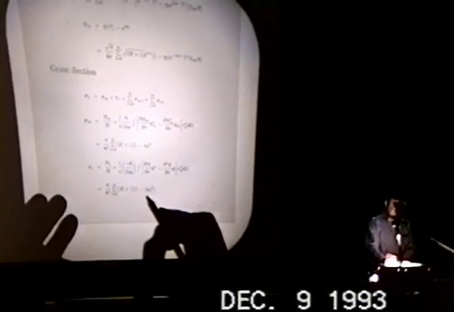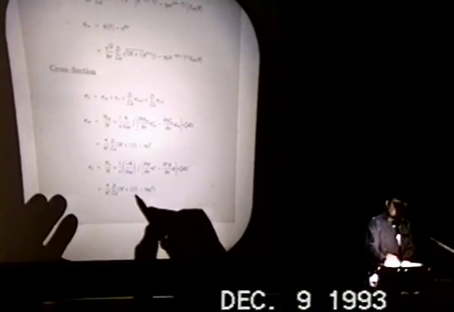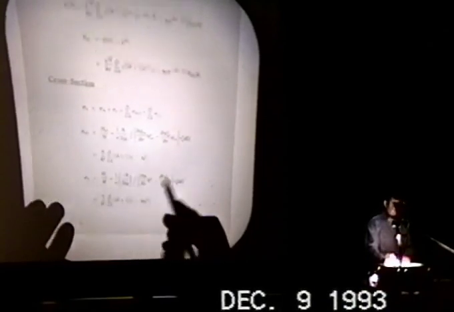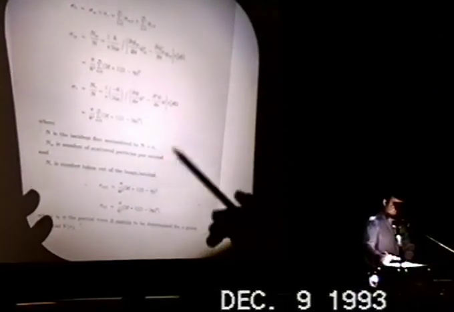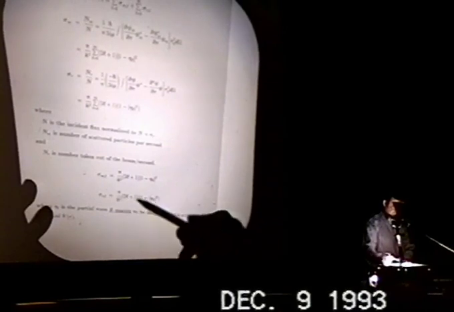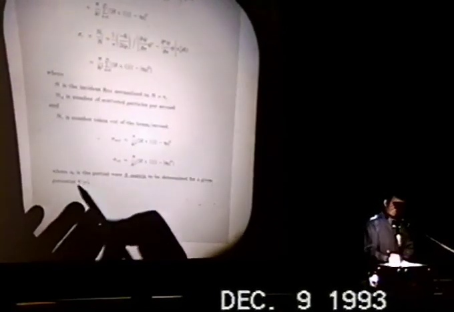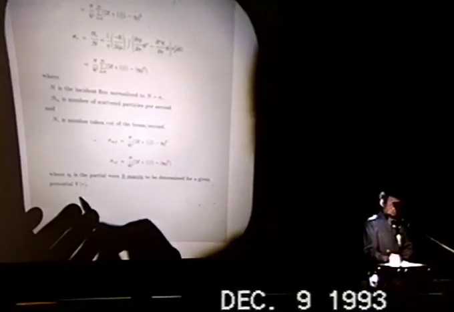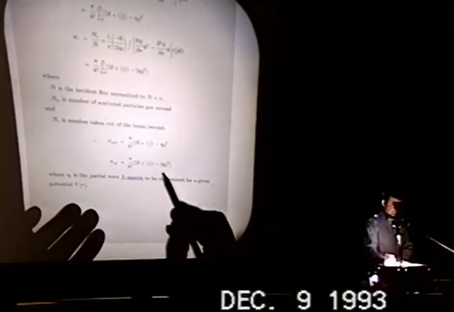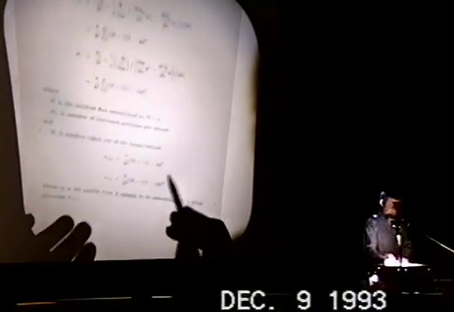The fusion reaction cross-section will be calculated by 1 minus the S matrix squared. And in partial waves, we can define the partial wave cross-section in terms of those S matrices. Now, given a potential model, you can compute what the S matrix is.